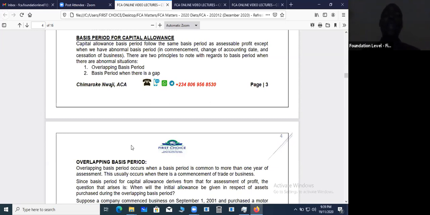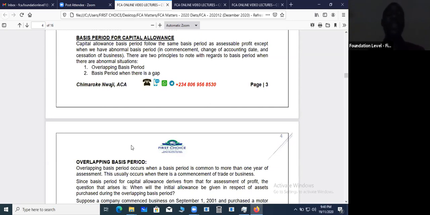Now, how does capital allowance handle all of this? Capital allowance is not a respecter of overlap nor gap. It does not respect overlap the way the assessable basis period for profit respects it. Capital allowance basis period does not respect it.